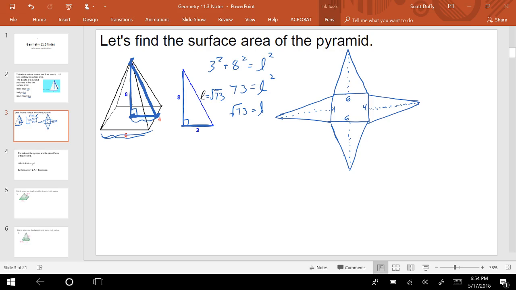So on these triangles that have a base of 4, their slant heights would be the square root of 73.